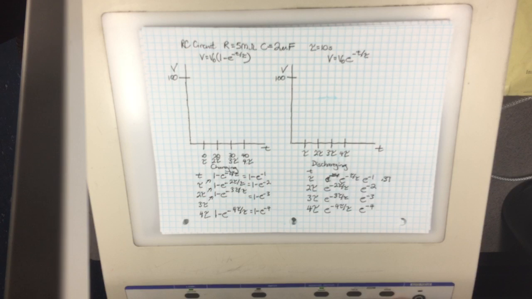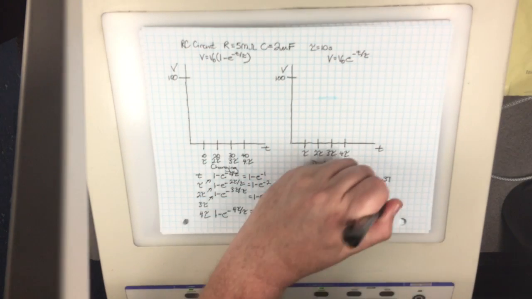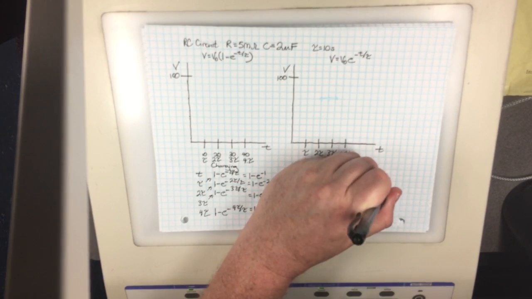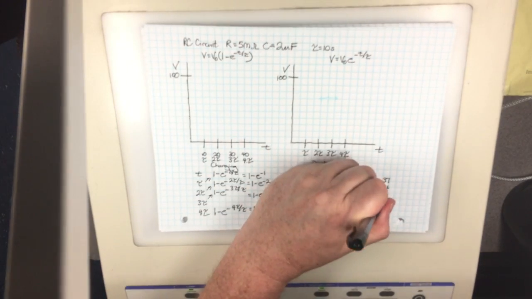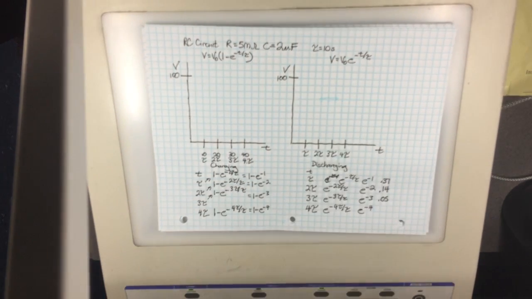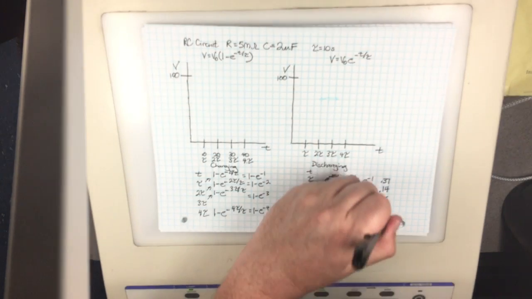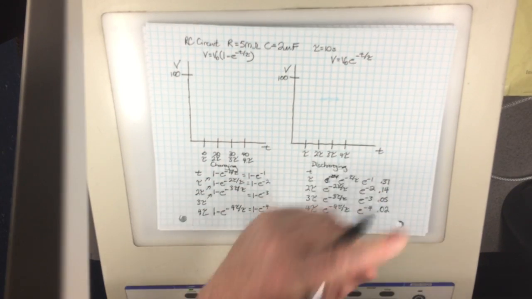E to the negative 2, 0.14. E to the negative 3, 0.05. E to the negative 4, 0.02.